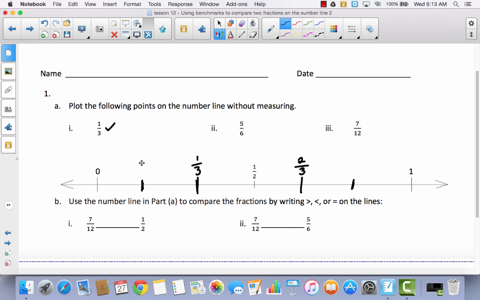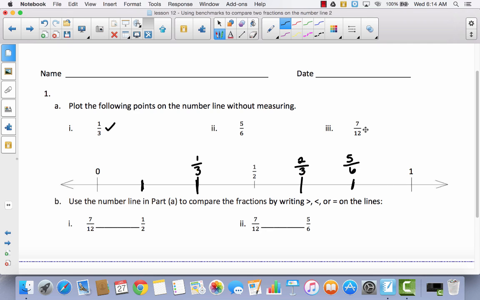So now I have 1/6, 2/6, 3/6, 4/6, 5/6. 2/6 is equivalent to 1/3, 3/6 is equivalent to 1/2, 4/6 is equivalent to 2/3, and then 5/6.